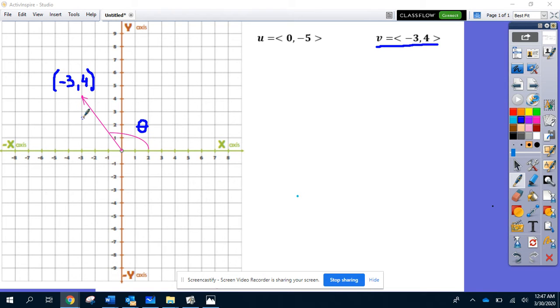So if you look exactly at this triangle, it makes sense to consider the tangent of the angle theta because we know the legs of the triangle. So the legs are 3 and 4.